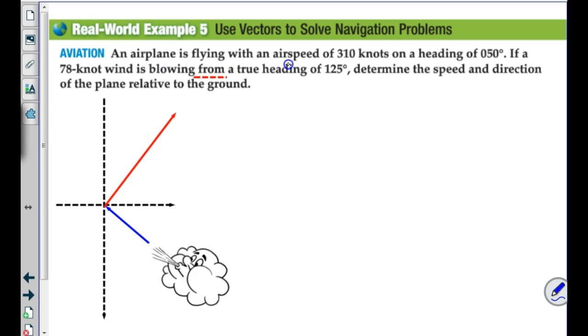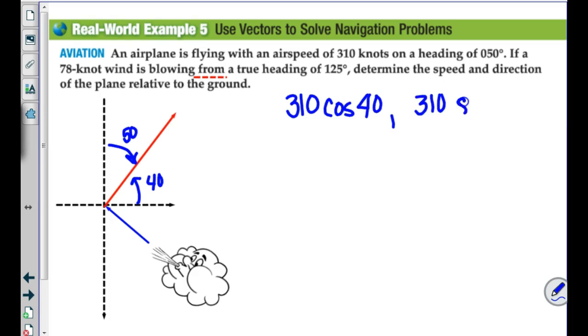It says the airplane is flying with an airspeed of 310 knots from a heading of 050. That's here. So what's this angle, guys, if this is 50? Okay. And it was 310 cosine of 50, 40, kidding. And 310 sine of 40.